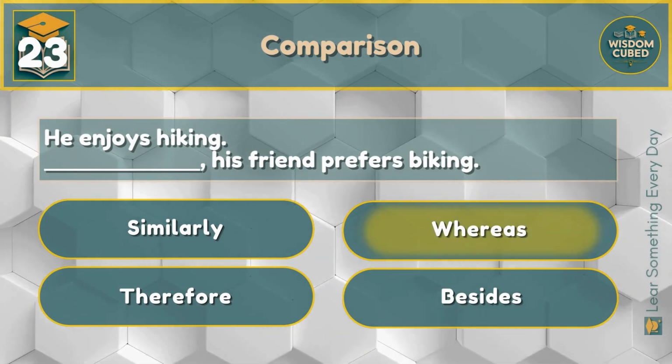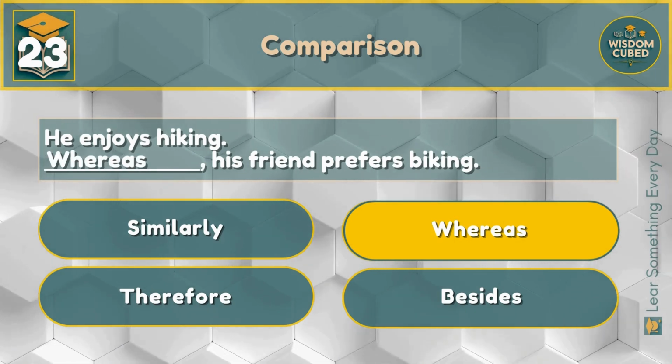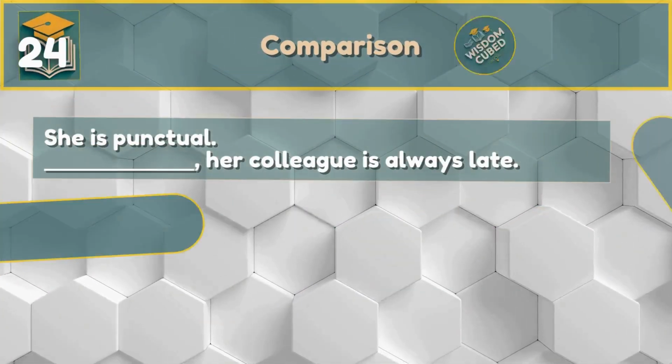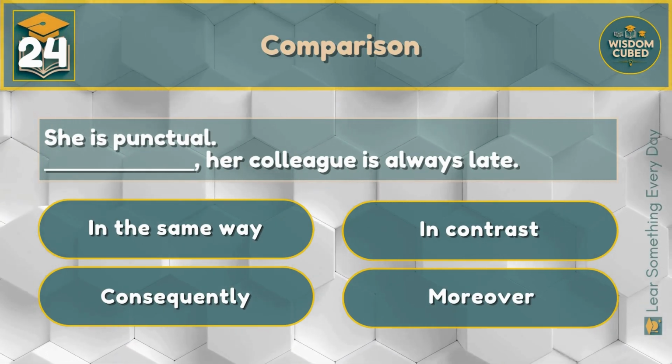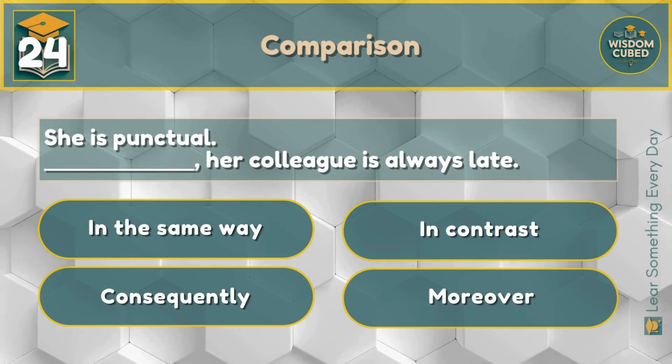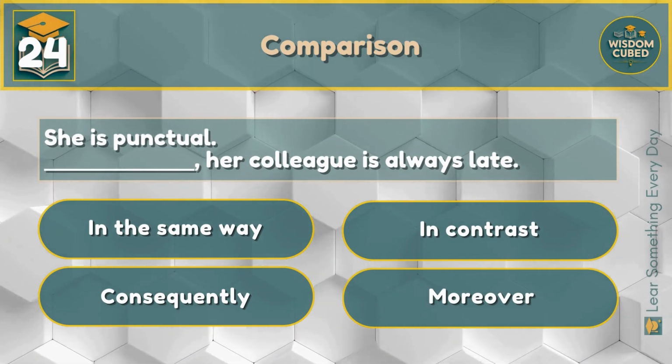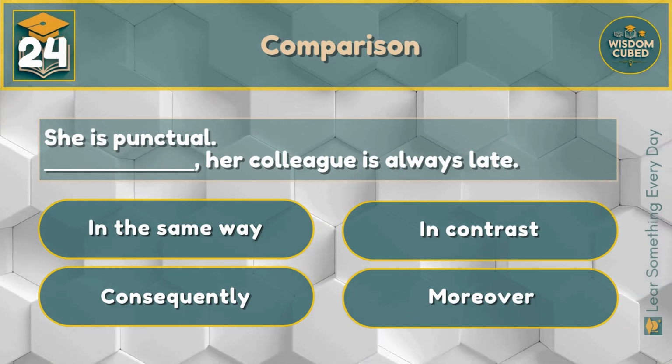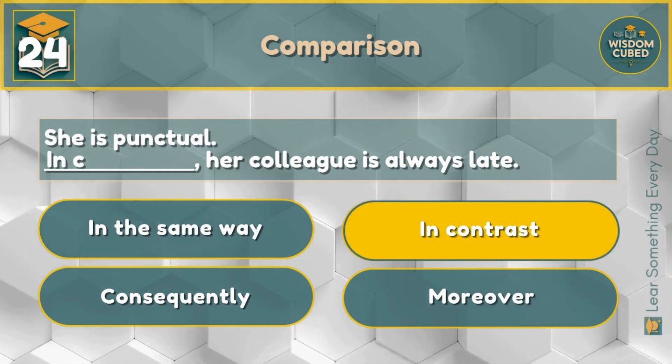He enjoys hiking, whereas his friend prefers biking. She is punctual. In contrast, her colleague is always late.